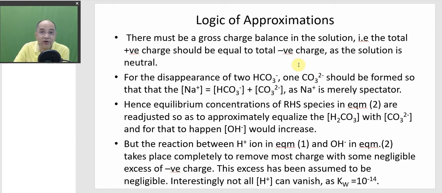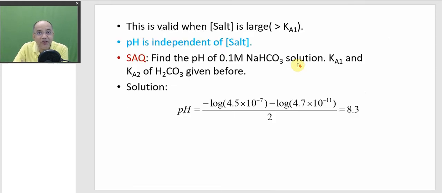This cannot be valid for sodium bisulfate, where Ka1 of sulfuric acid is of the order of 10 to the power 3. So it is only valid for sodium bicarbonate, sodium hydrogen sulfide, sodium dihydrogen phosphate, or disodium hydrogen phosphate, like weak acids where Ka1 is very, very small.